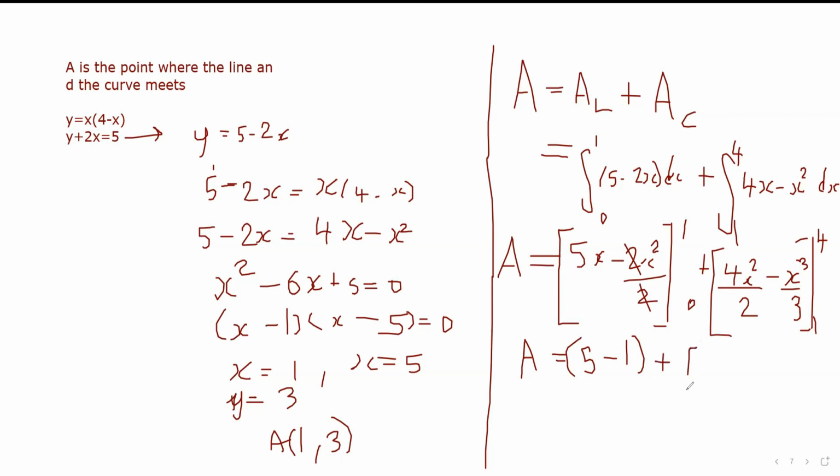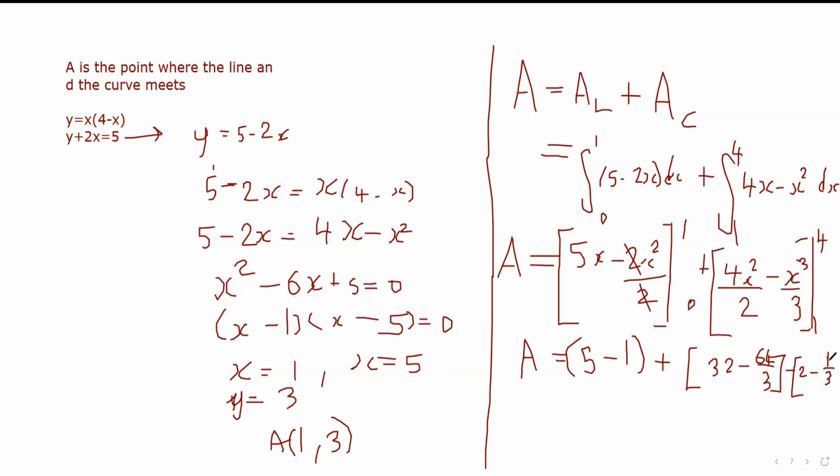Over by this side now, we'll plug in the 4, 4 squared is 16, 16 times 4 is 64, 64 over 2 is 32, minus, putting in the 4 here, 4 cubed is 64 over 3, close that bracket, minus, we'll put in 1 now, 4 over 2 is 2, minus, we'll put 1 in here, we have 1 over 3.